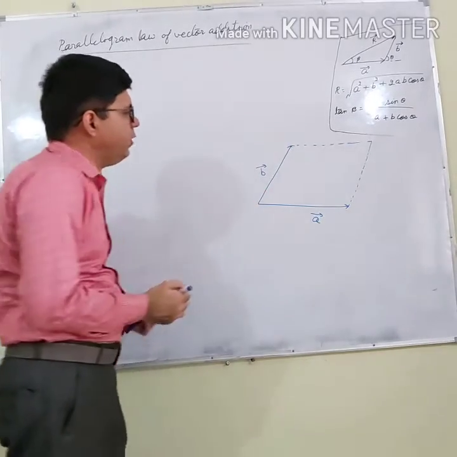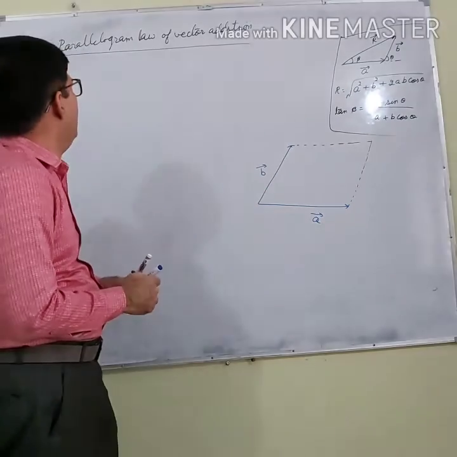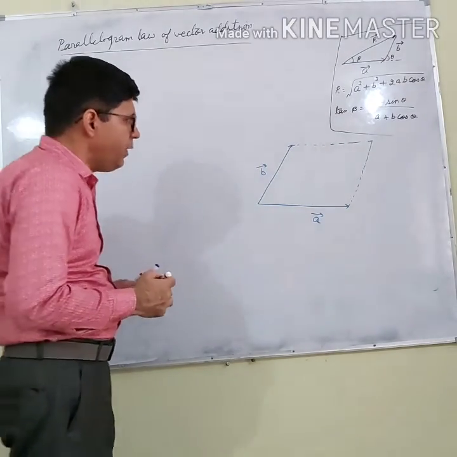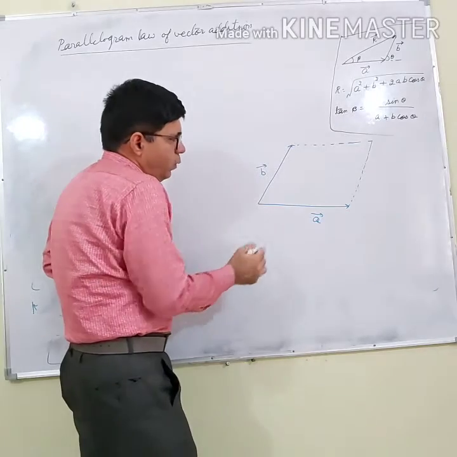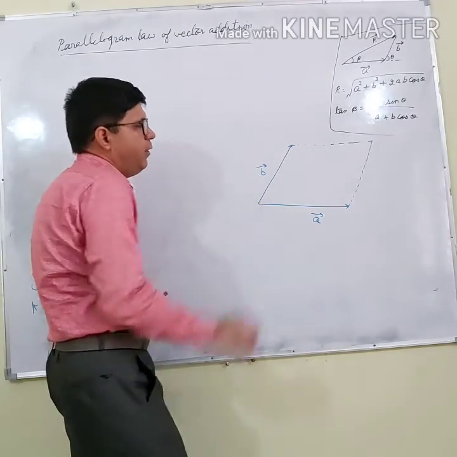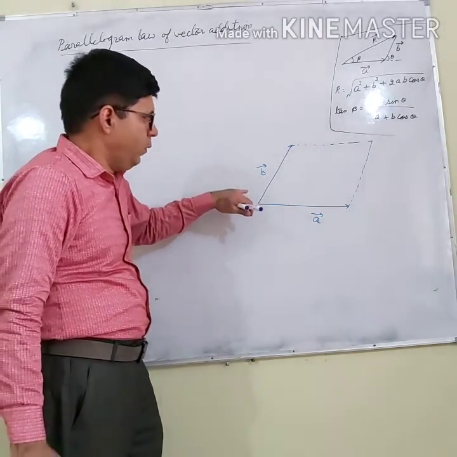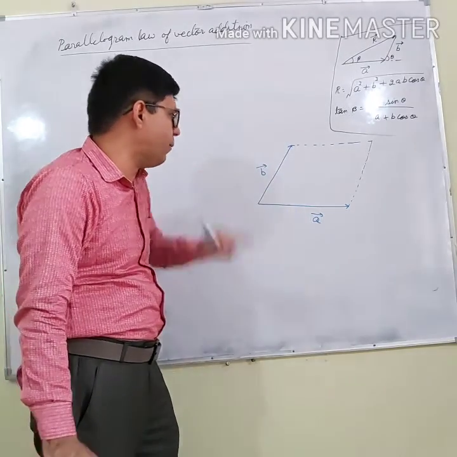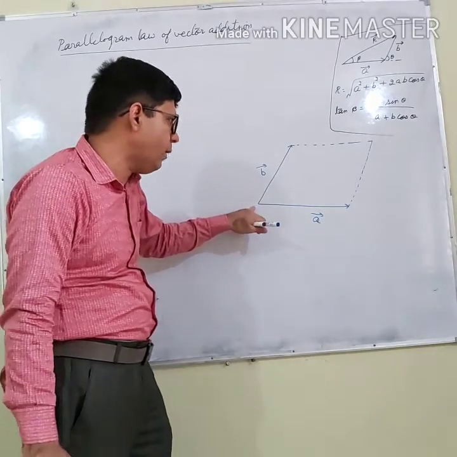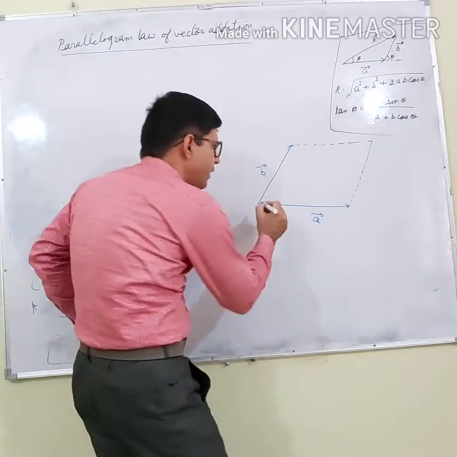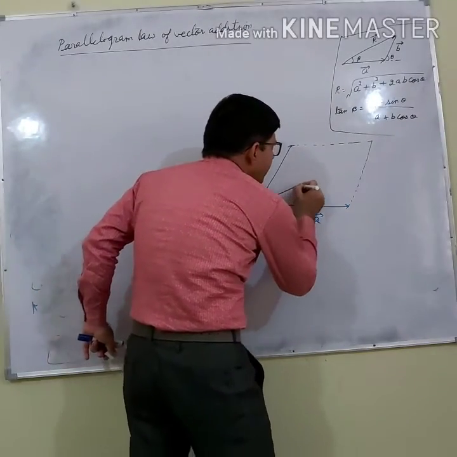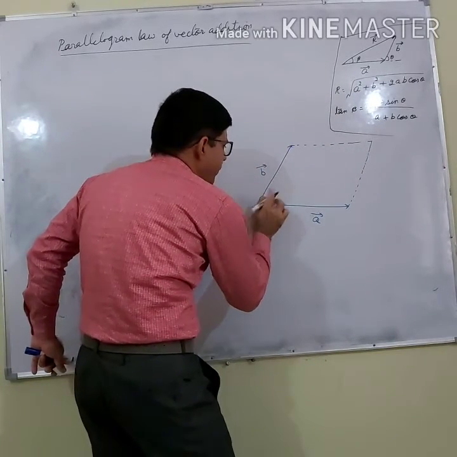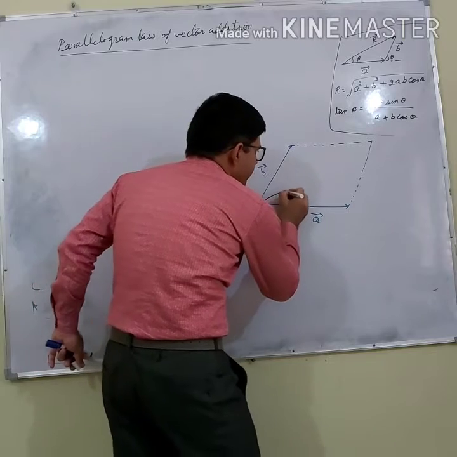Now according to the parallelogram law of vector addition, if we have two vectors A and B which can be represented by two adjacent sides of a parallelogram drawn from a point, then their resultant will be given by the diagonal of the parallelogram drawn from the same point.